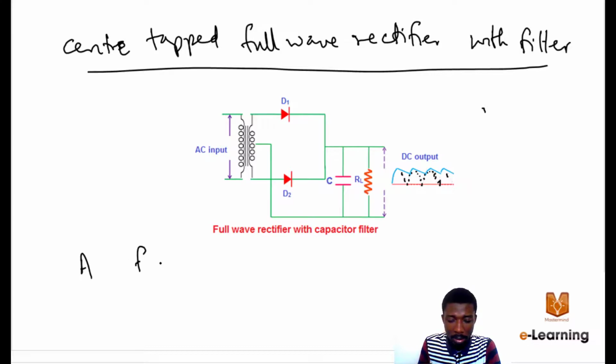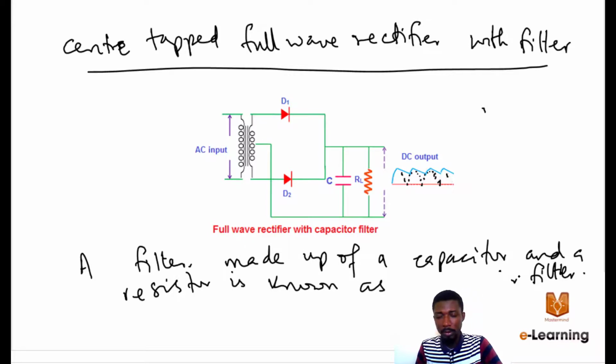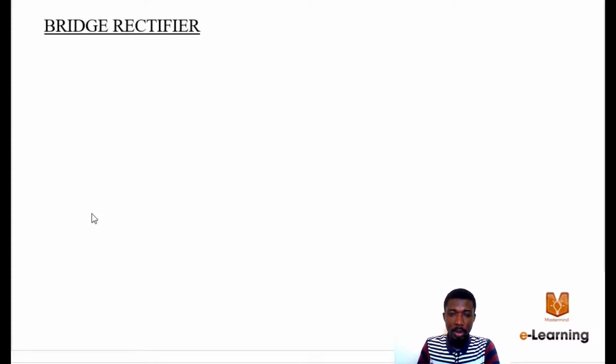So a filter made up of a capacitor and a resistor is known as a capacitor filter. Okay, so that is it for center tapped full wave rectifier with filter. Let's look at the bridge rectifier.